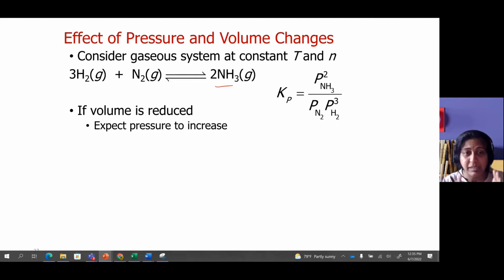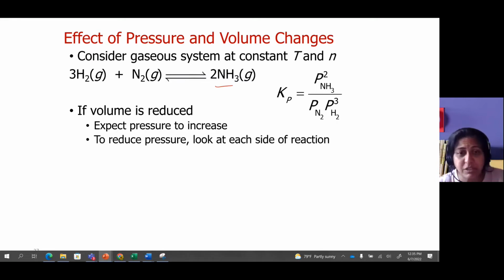That's how you need to take it. From Boyle's law, you know that they are inversely proportional. So if the volume is reduced, the pressure will be increased. Now we have excess pressure in the system. The system was in equilibrium, so the system doesn't like this. The system wants to reduce that pressure.